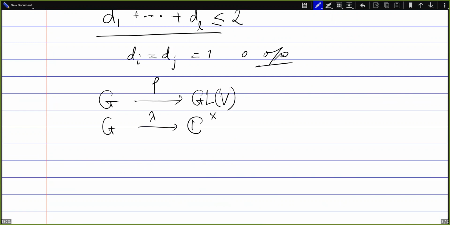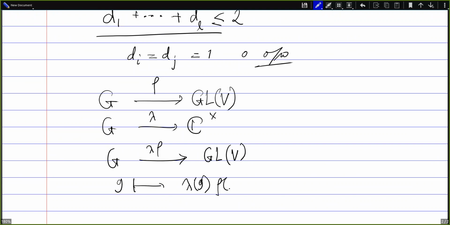So in that case we can just take it to be the multiplicative group of C. Then we get another representation of the same dimension as rho, which we define by lambda rho. So a typical g goes to lambda(g) times rho(g).